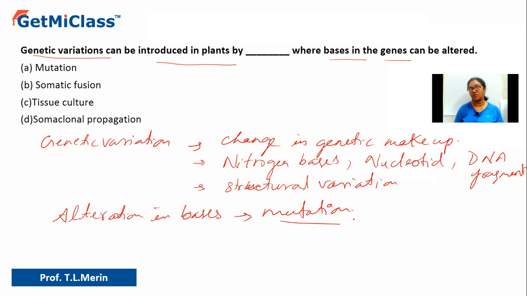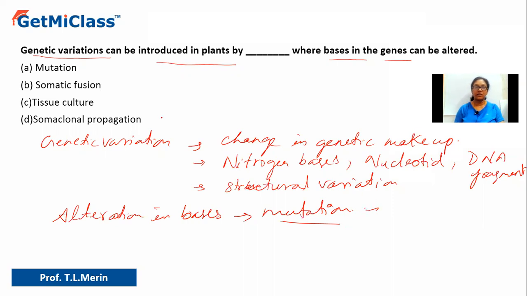You can induce mutation or bring about mutation. Again, mutation can be target based. If you want to just mutate one nucleotide or one nitrogen base, you can do it, and that is possible only by the process called mutation.